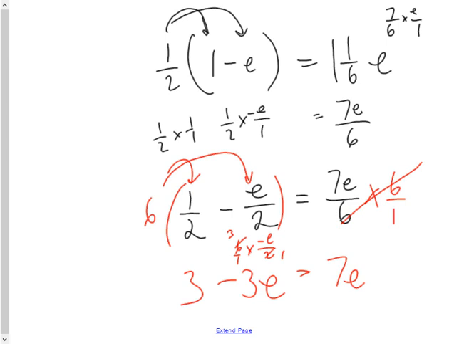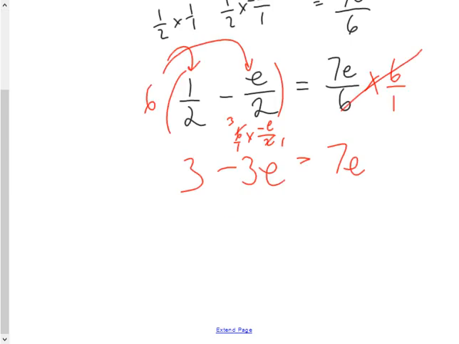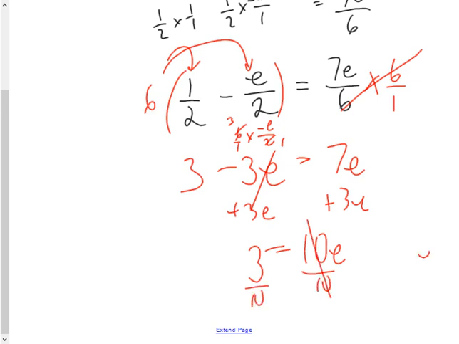So now I've taken that equation that was a half minus E over 2 equals 7E over 6, which was confusing looking and awful, and made it into something very simple and beautiful. Add 3E to both sides. 3 will equal 10E. Divide both sides by 10, and E will equal 3/10 or 0.3. Either one is correct.